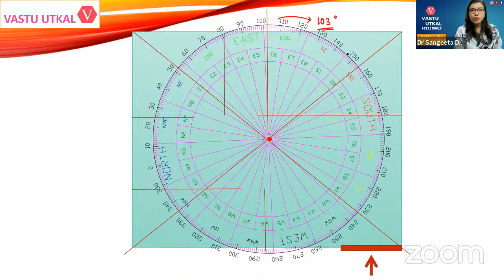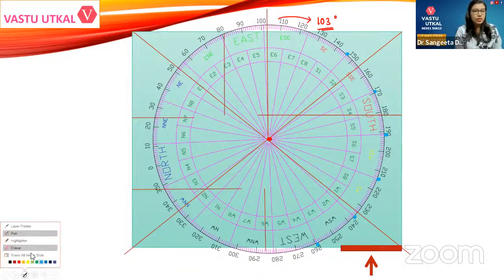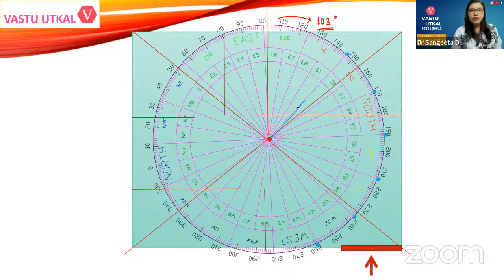So what you can do is you can mark these points. I'm doing it for some of the zones. You can do it for the rest of the zones. Once you have marked, now remove that Vastu Chakra and from the center, start drawing the lines.